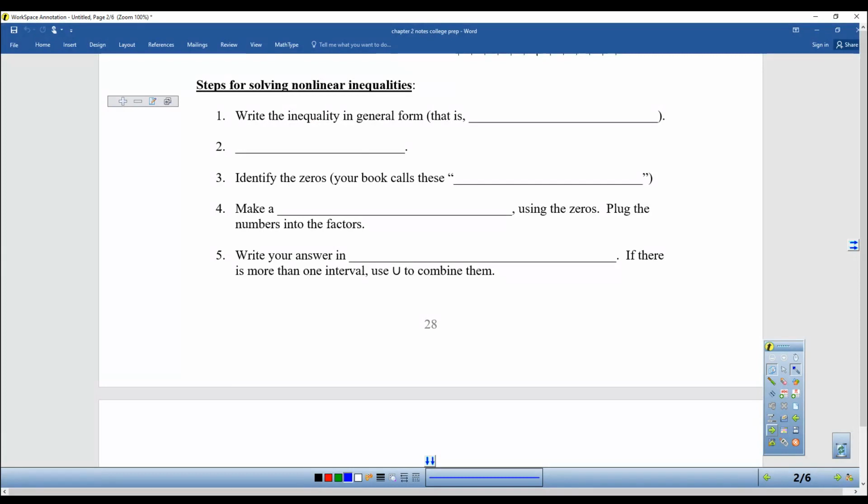All right, in case you missed the steps before, write the inequality in general form. That is, set it equal to 0. And then factor. Identify the zeros. Your book is going to call these critical numbers. Make a number line.